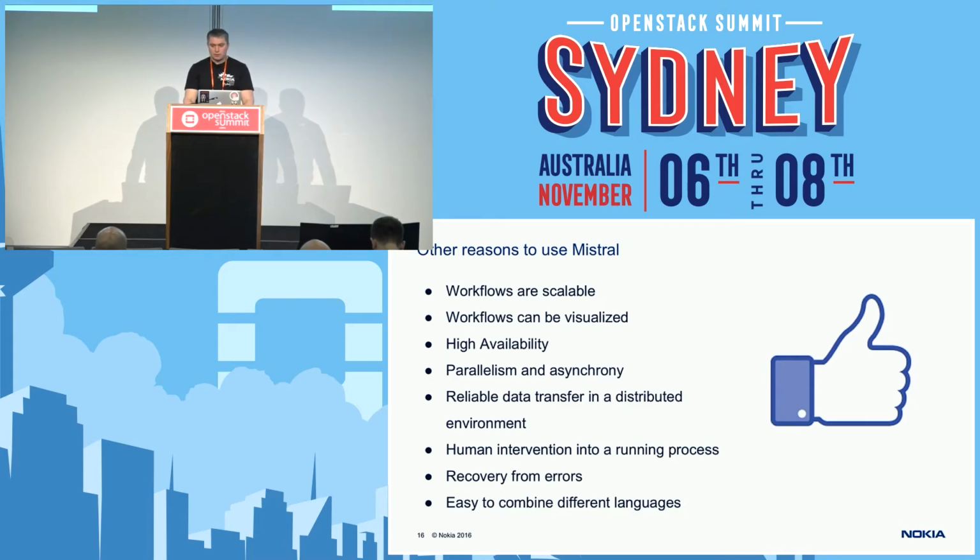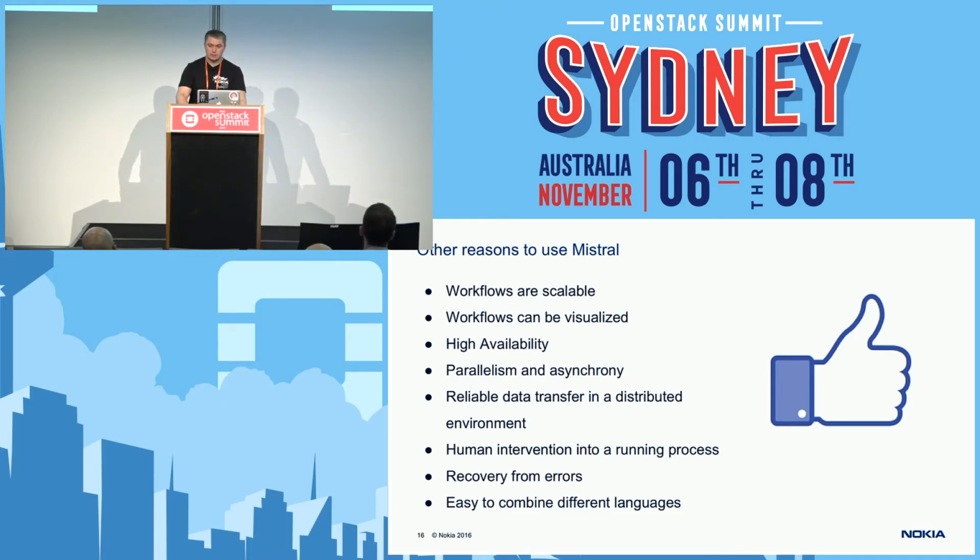Mistral is also responsible for parallelizing things. So you can define the workflow in a way that you can do many things in parallel, and it's kind of a natural thing. Once you are able to represent your distributed process in the form of a workflow, you can define multiple parallel branches and identify what can run in parallel.